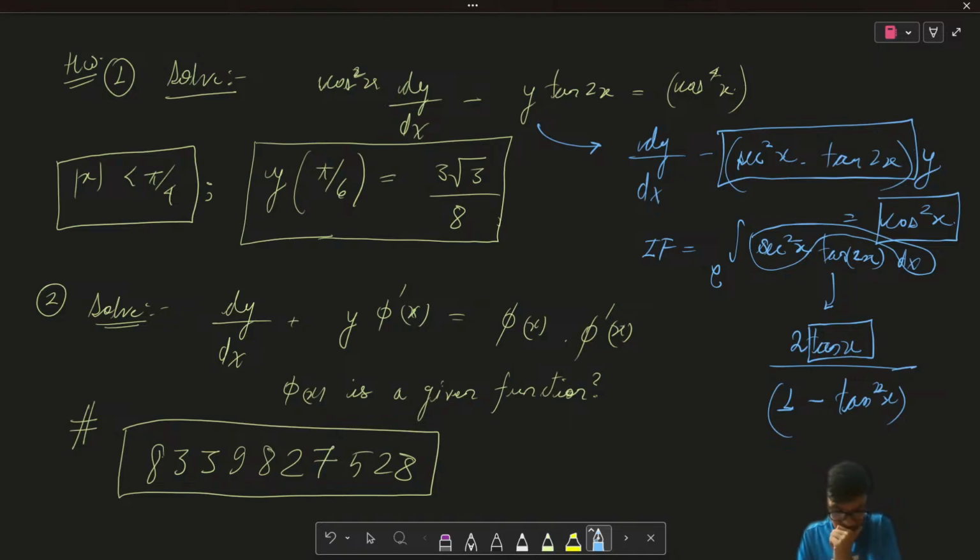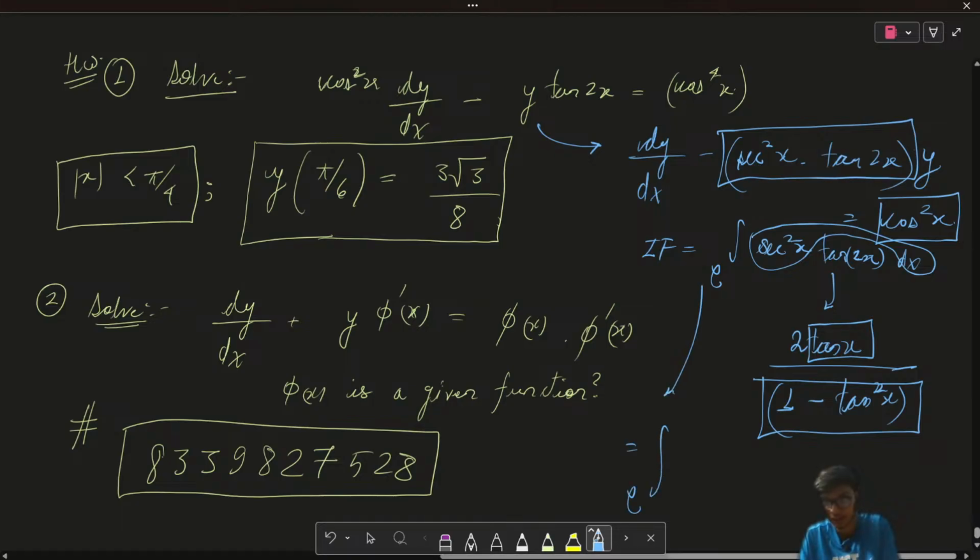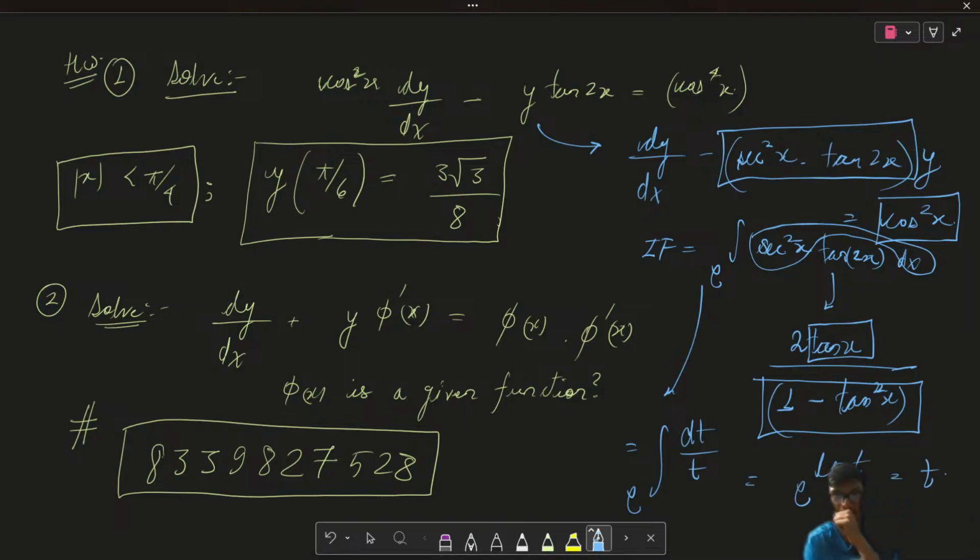Or else, what we can do is assume 1 minus tan square x as t, then minus 2 tan x into secant square x becomes dt, right? This is much simpler. So this integrating factor becomes e to the power integration of dt upon t, which equals e to the power natural log of t, and that is basically equal to t, right?